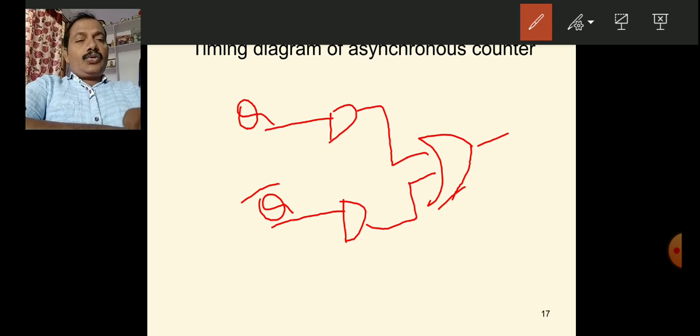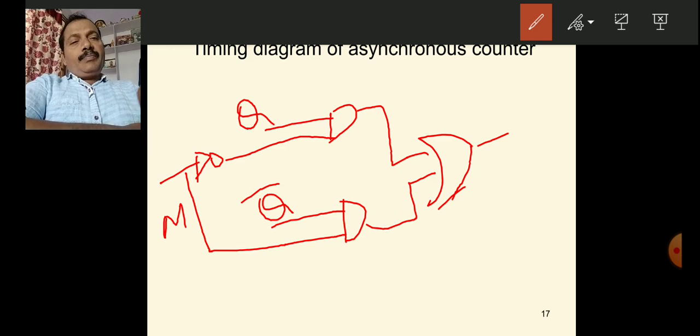Let us see the control signal M. For M equals 0, what happens?